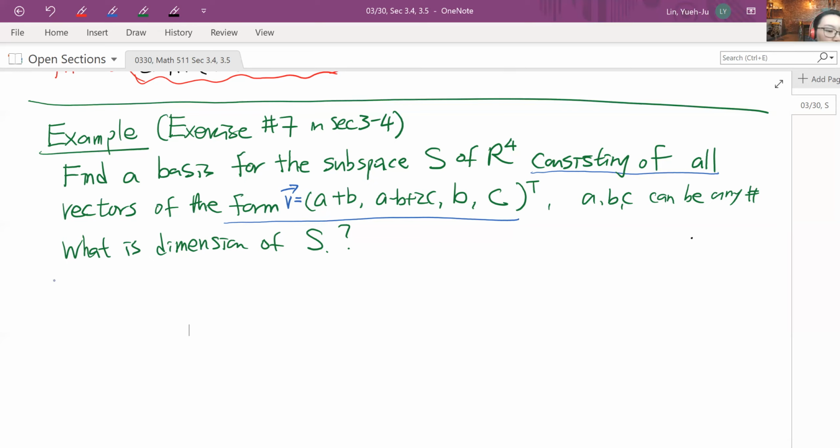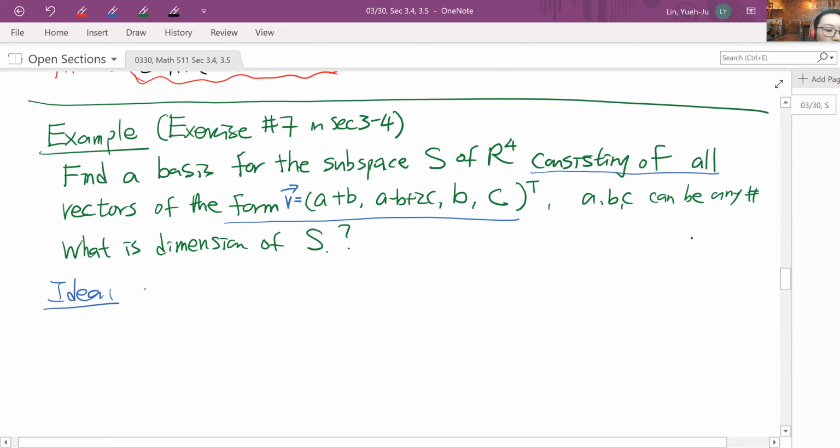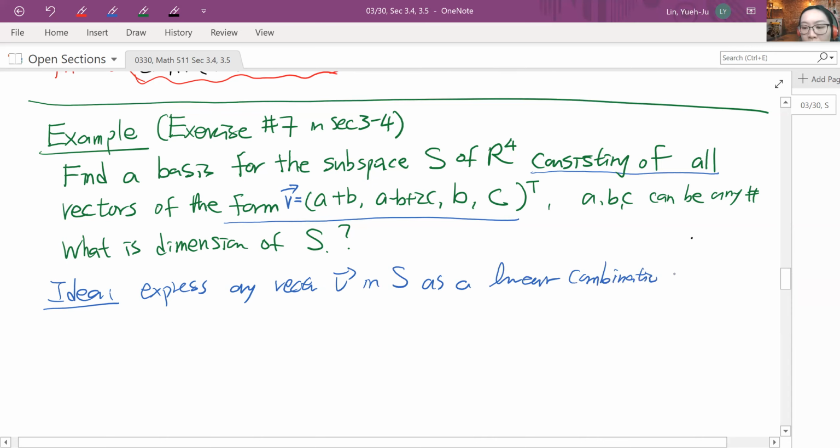So the idea is to express any vector v in this subspace as a linear combination of some vectors. You want to see whether you can do that.